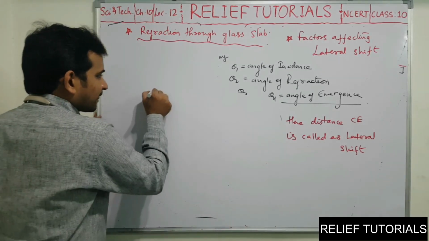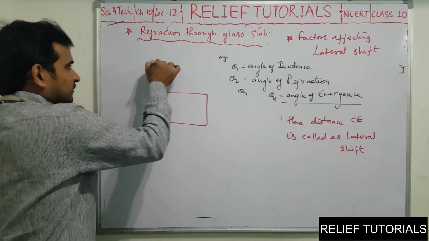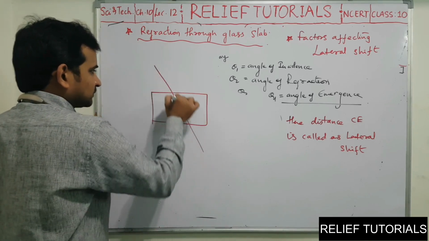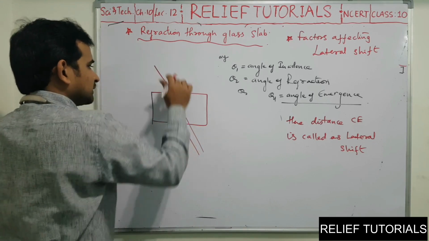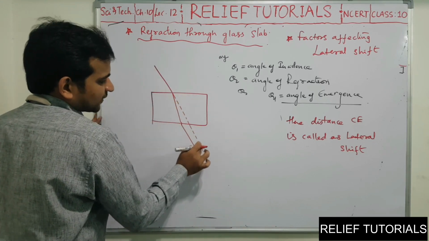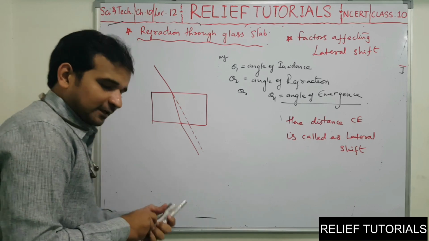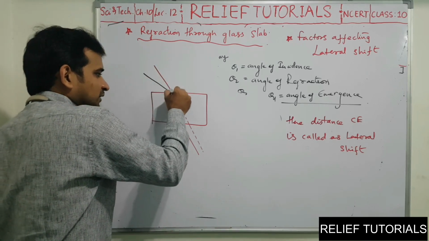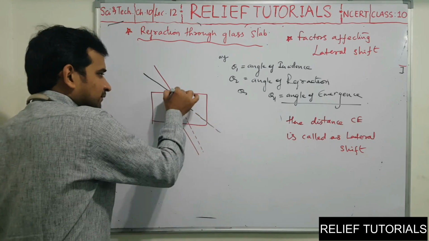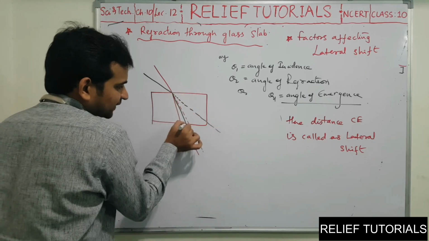Consider this was the first case, this original incident path. Now if the angle of incidence increases, if the ray goes like so, this is the original path, the ray will be refracted like this and comes out like this.